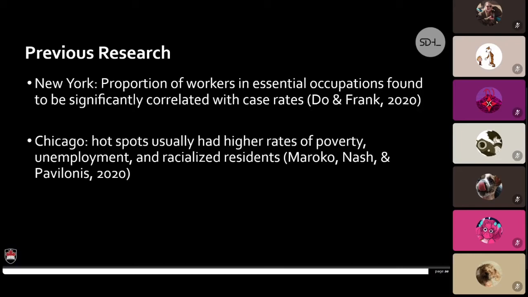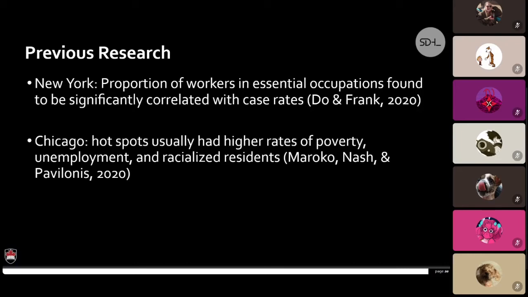One of the things they found was that the proportion of workers in essential occupations in those zip code areas was significantly correlated with case rates. So if you had more essential workers, you had more individuals getting COVID-19.